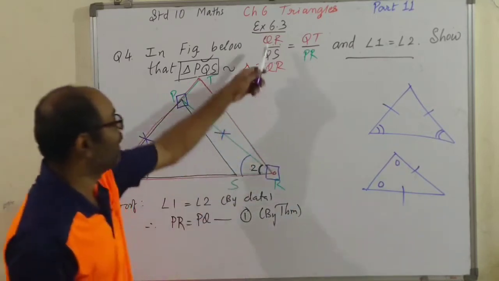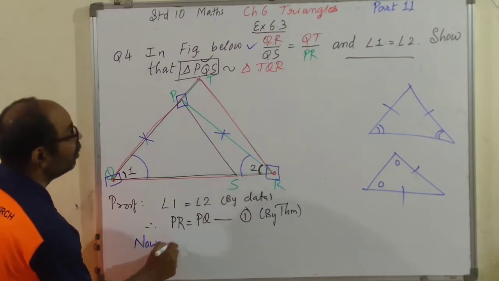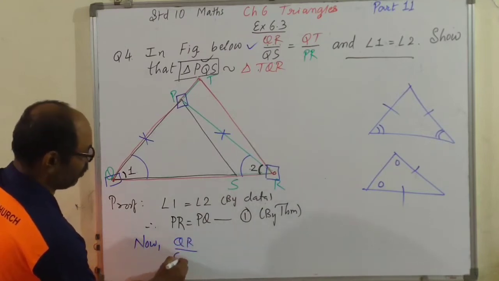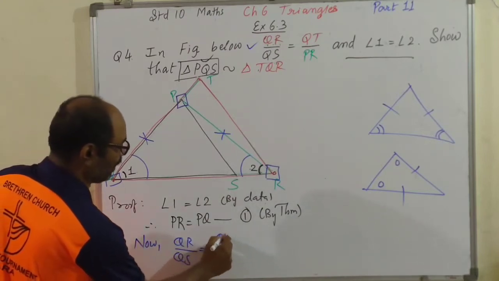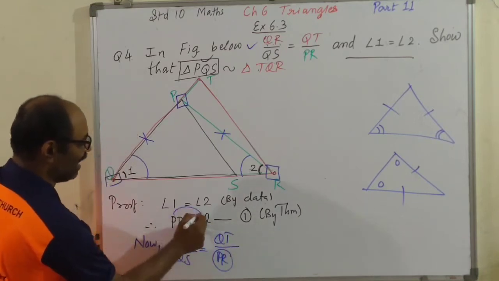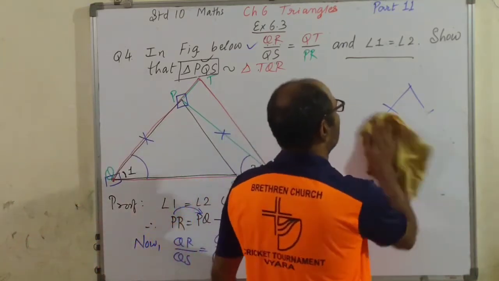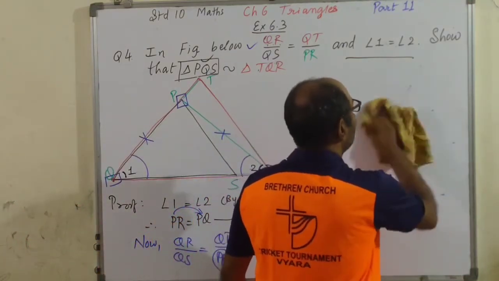Now you take that other condition. Now QR upon QS is equal to QT upon PR. ये PR की जगह पे हम क्या लिखेंगे? PQ.